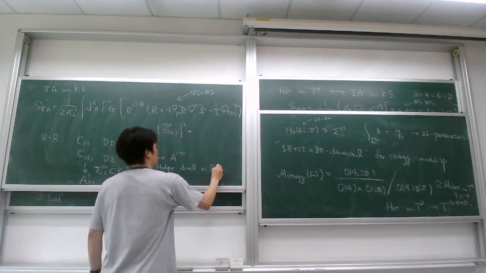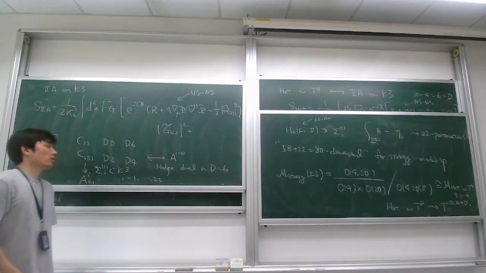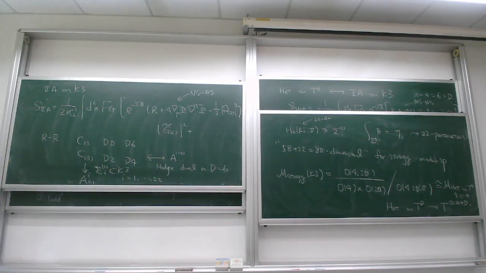In D equals 6, recall that you take the 3-form and the field strength G4, which is dC3, and in 6 dimensions the Hodge dual becomes G2.